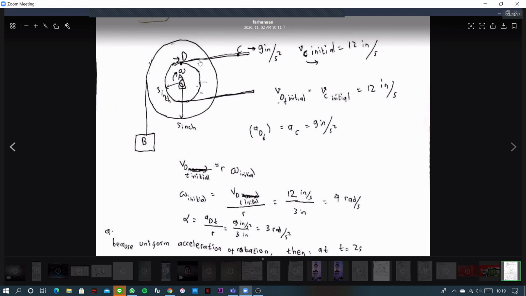Because it is the same rope, the small gear is attached to the same rope, and point D and point C are on the same rope, so the velocity and the acceleration are the same. I think that's the reason.